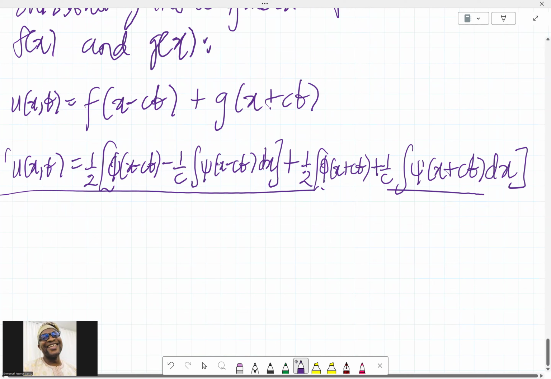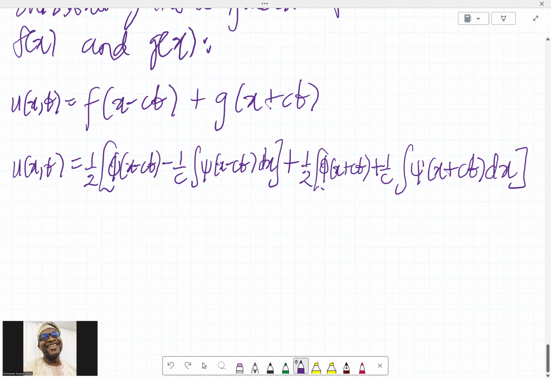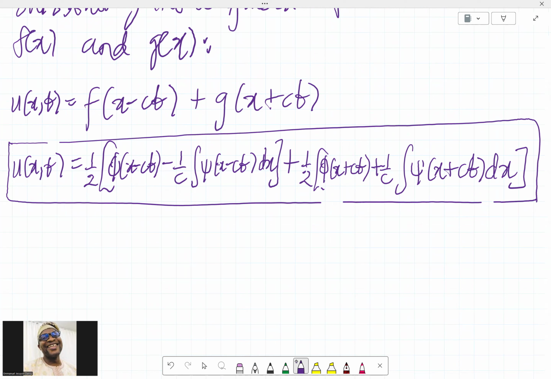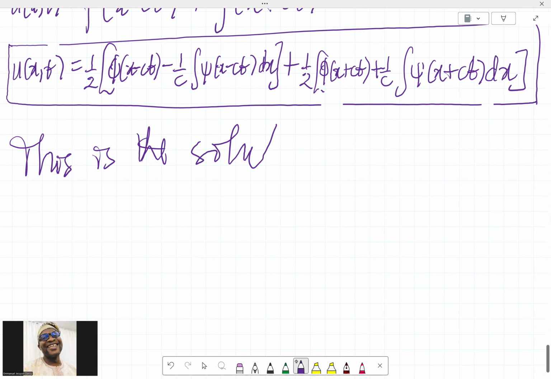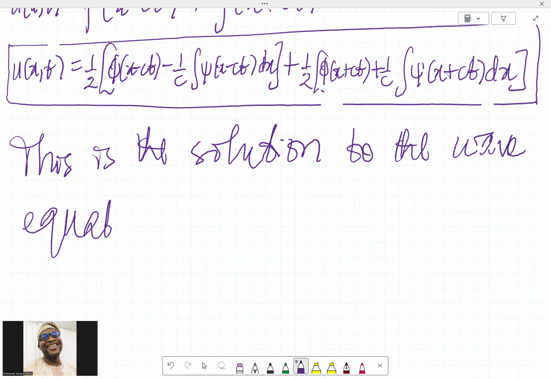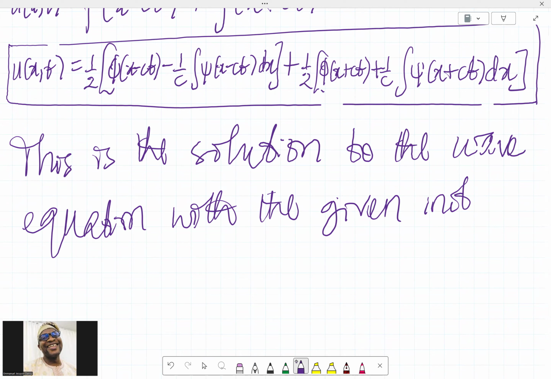So this is the final solution using D'Alembert's approach. We can say that this is the solution to the wave equation with the given initial conditions.